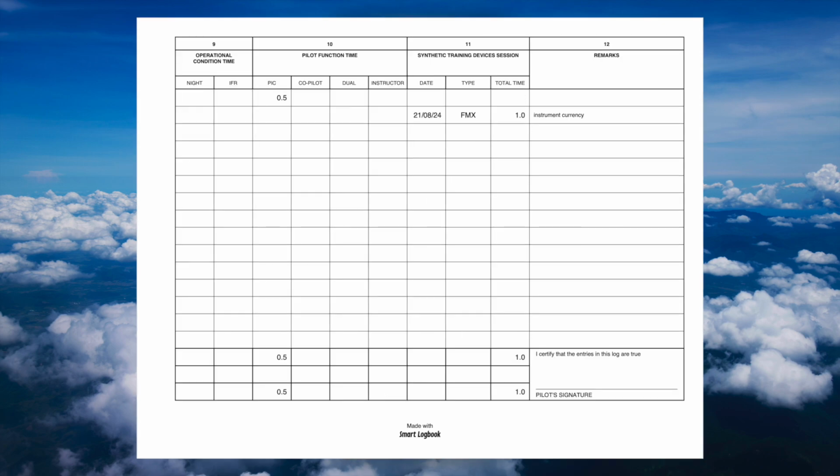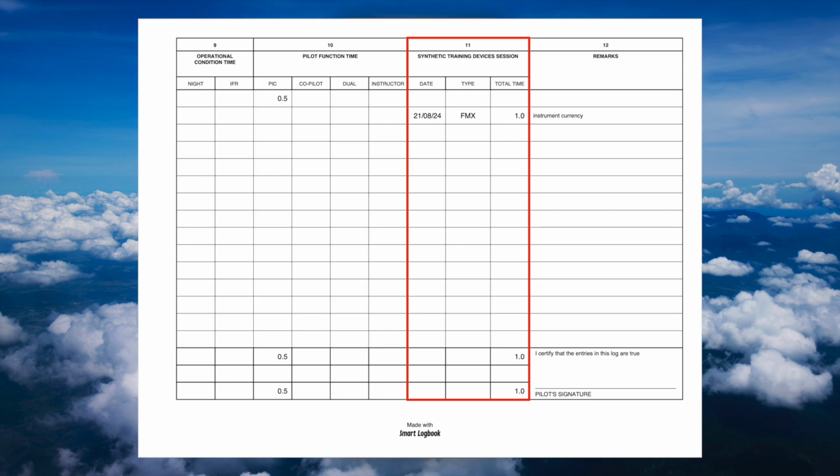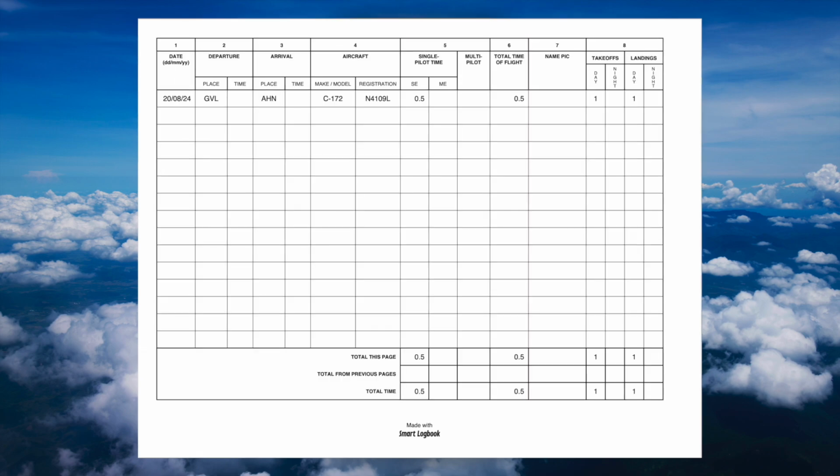So if you look over here in column group 11, you can see the entry that we made here for the FMX, the 1 hour of SIM time. There's our remarks. And if you go back to page 1, as with the Jeppesen format, that 1 hour does not appear here in column 6, which tracks our total flight time, because of course it was time in the sim.